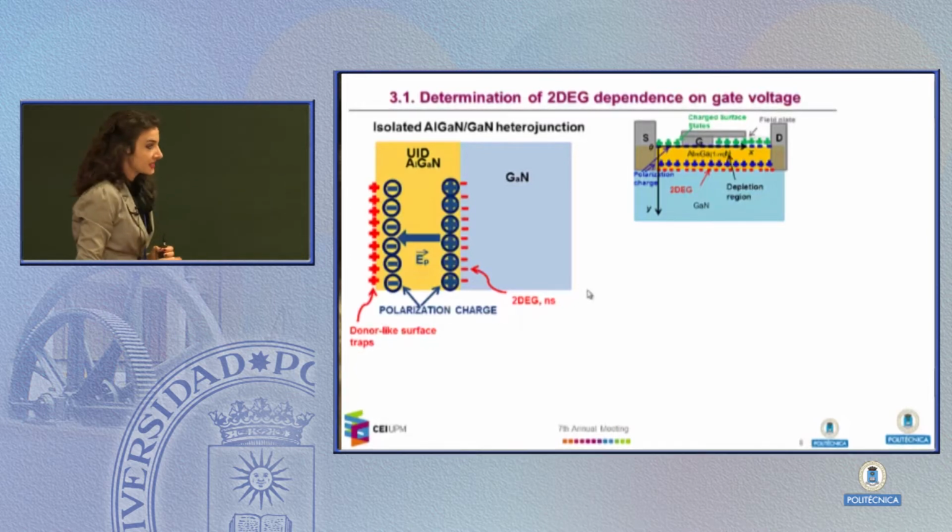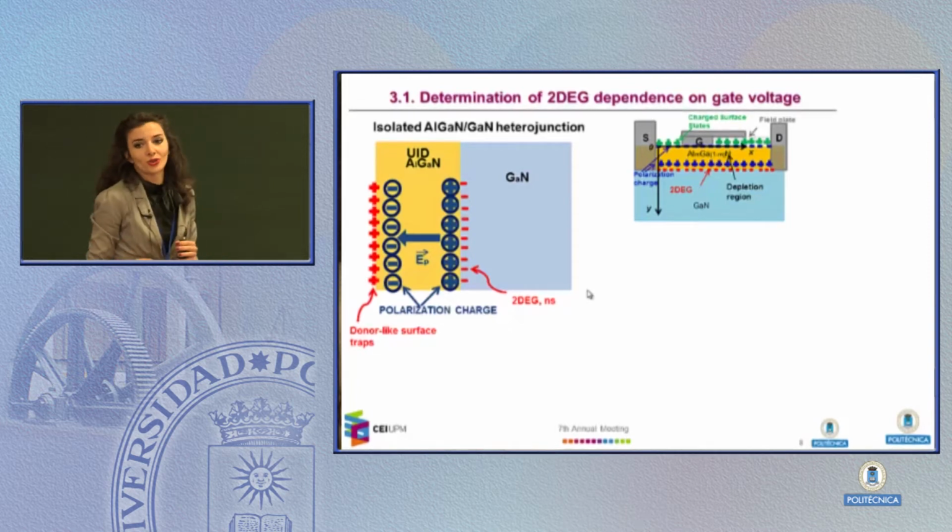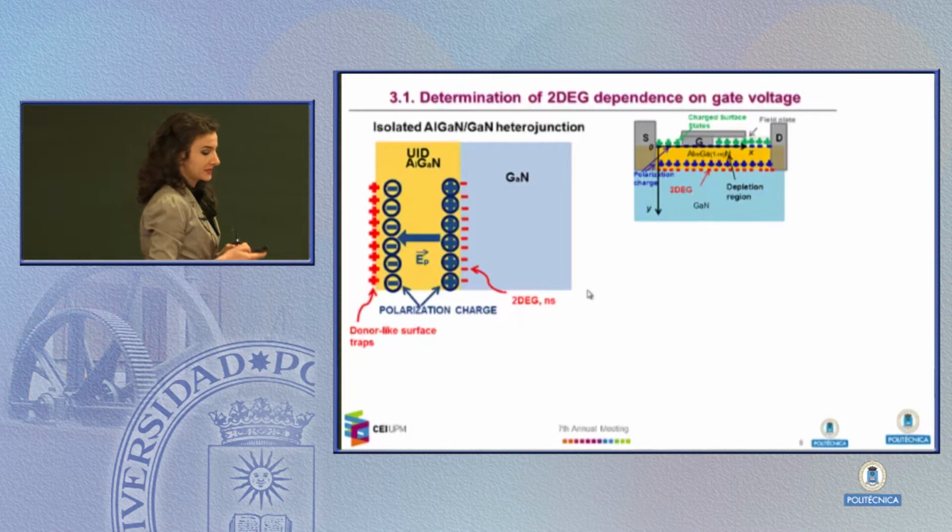So what happens is that when we make this structure, a high polarization electric field already exists, built inside the material. This electric field pulls the electrons from these donors, like surface states, and forms the so-called 2D gas, which is also called the heart of the HEMT.